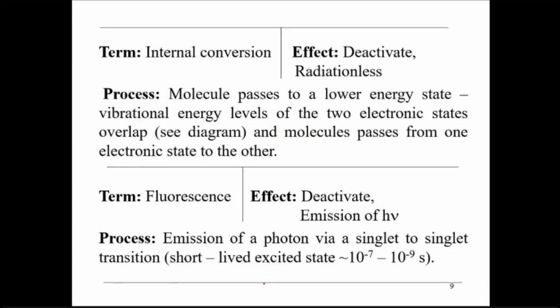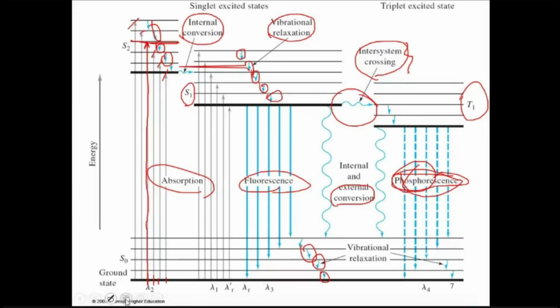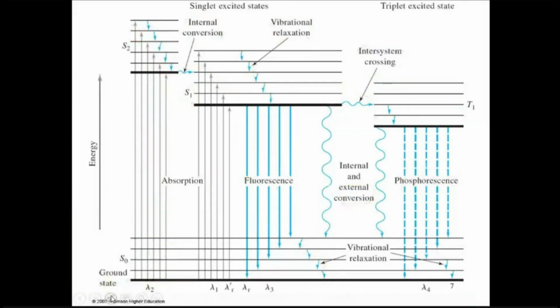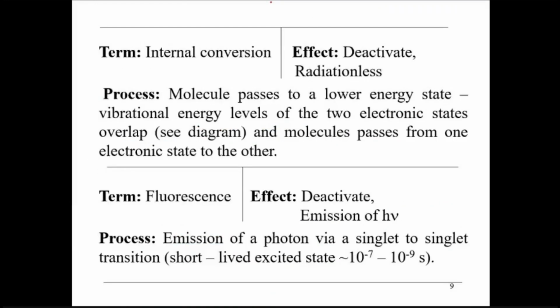When we talk about internal conversion, we are talking about this process. Why is it internal? Because it is still a singlet excited state. Although it is the first singlet excited state, and this is the second singlet excited state, as a whole it is a singlet excited state only. So singlet is not getting converted to triplet.